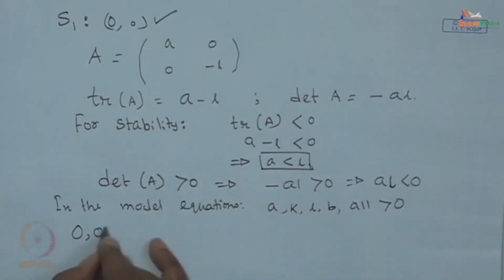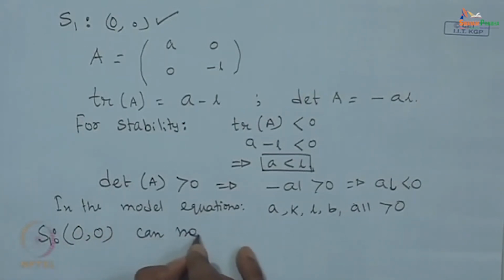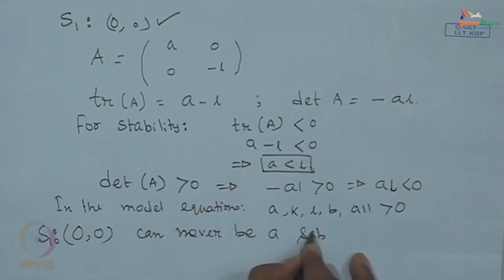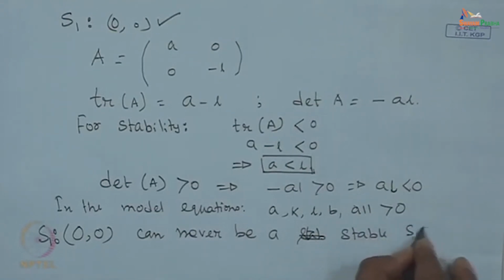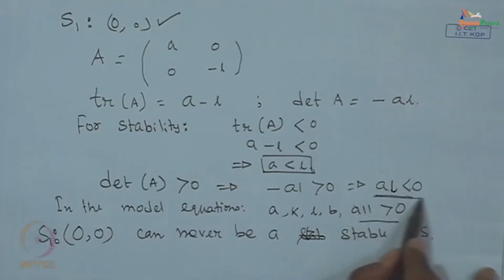So, (0, 0), that is S1, can never be a stable steady state, because the constants appearing in the governing equations are all positive, and multiplication of two positive numbers cannot be negative. Then let us look into the steady state number 2, that is S2.